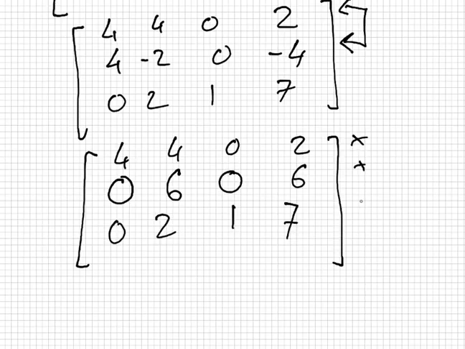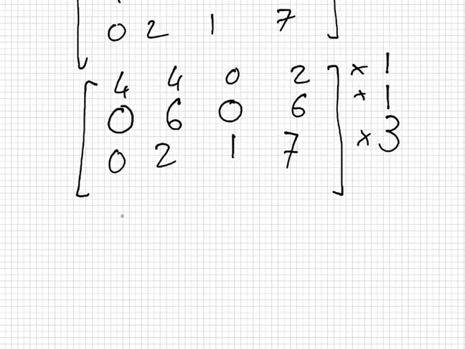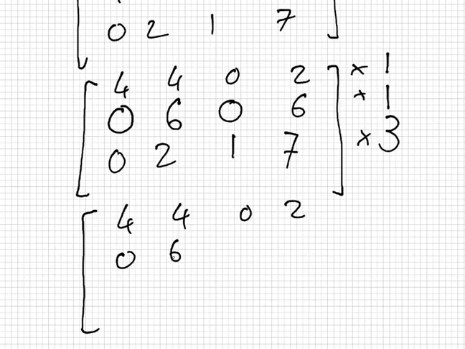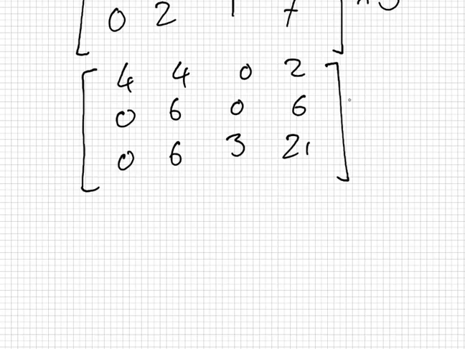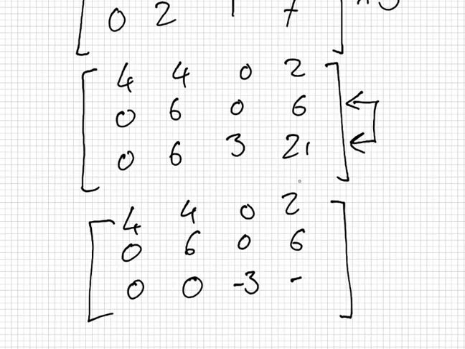Okay, multiply again. Here, 1, here, 1, and here, 3. So, what do I get? 4, 4, 0, 2, 0, 6, 0, 6, 0, 6, 3, 21. And then here and here, subtract. 0, 0, minus 3, and then 6 minus 21.